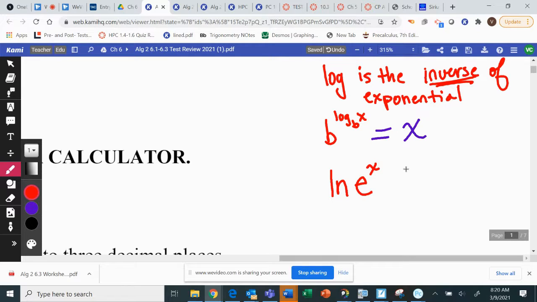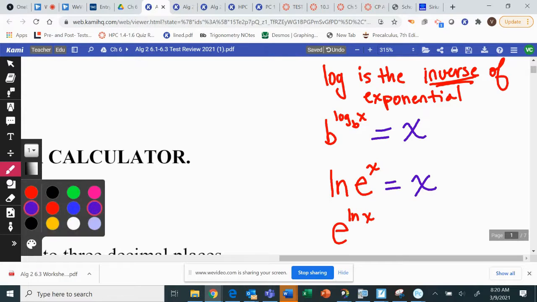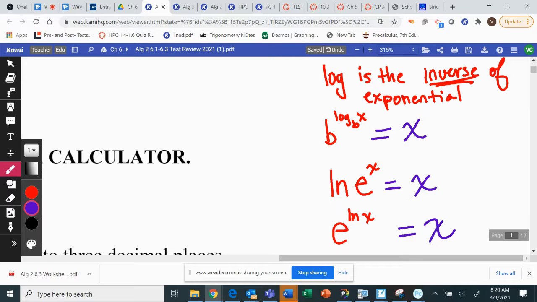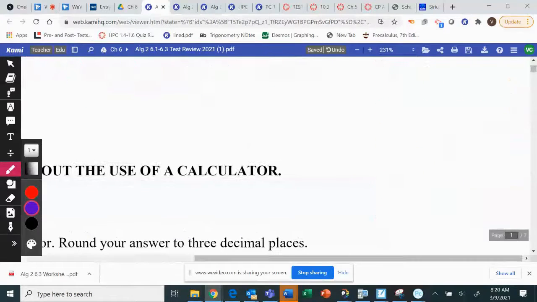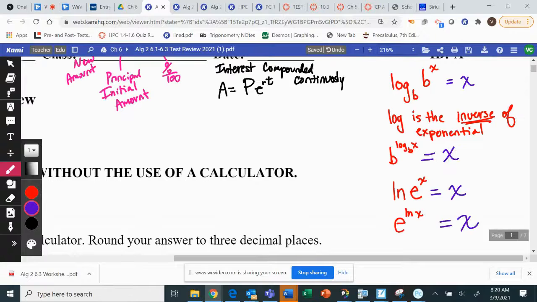If I have ln of e to the x, those cancel and we get x. Or if I have e to the ln of x, the e to the ln cancel and we get x. So I've got 4 situations here where we've got inverses.